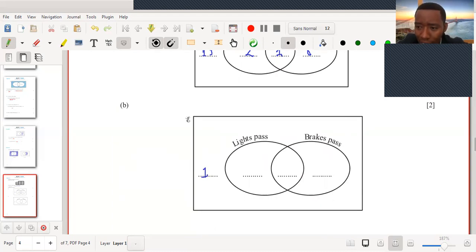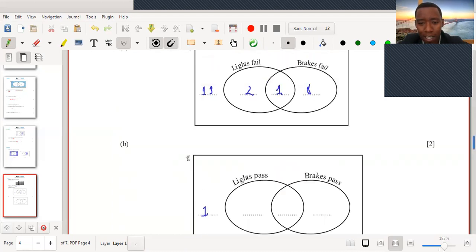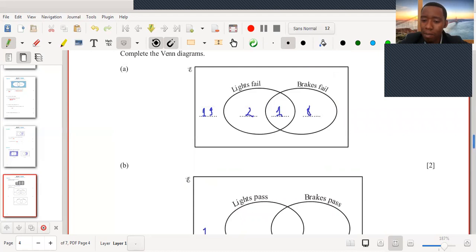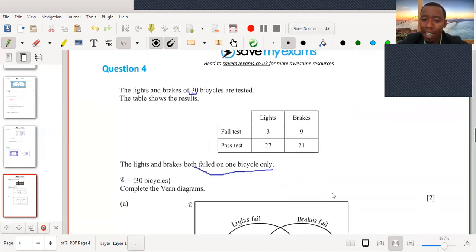Now, next, let's see the intersection. Light pass and black pass. So we can add them. Those are 27 plus 21, and then we take it from 30. If I take 27 plus 21, that would be 48.